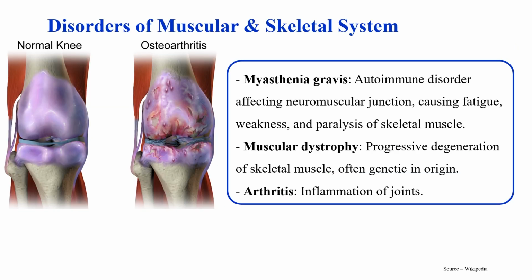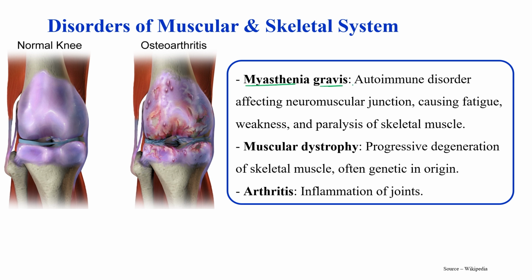Okay, now let's discuss the last part of this particular lecture, that is disorders of the muscular and skeletal system. There are some kinds of disorders present in certain individuals. Some are age related, some are genetic. First one is myasthenia gravis.